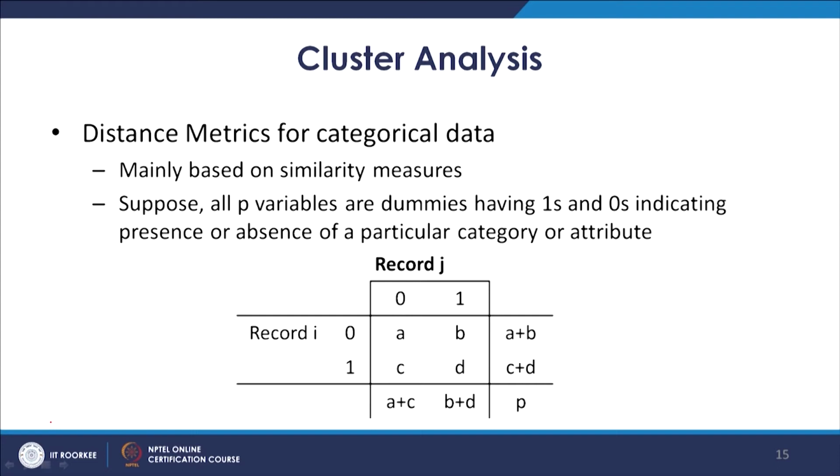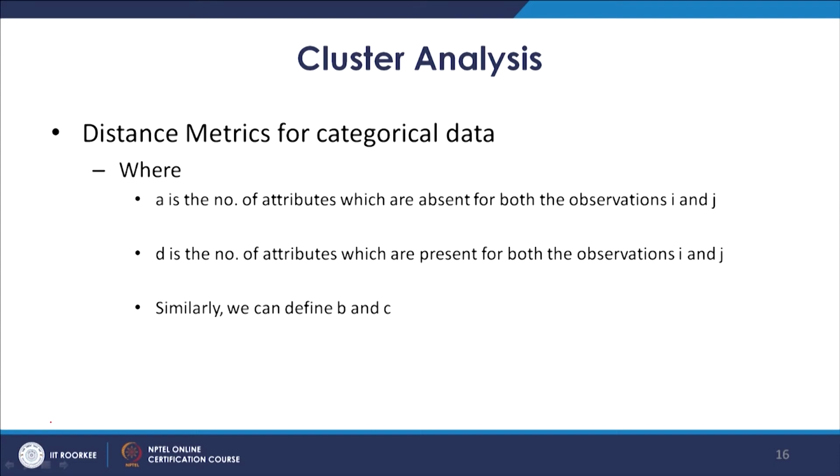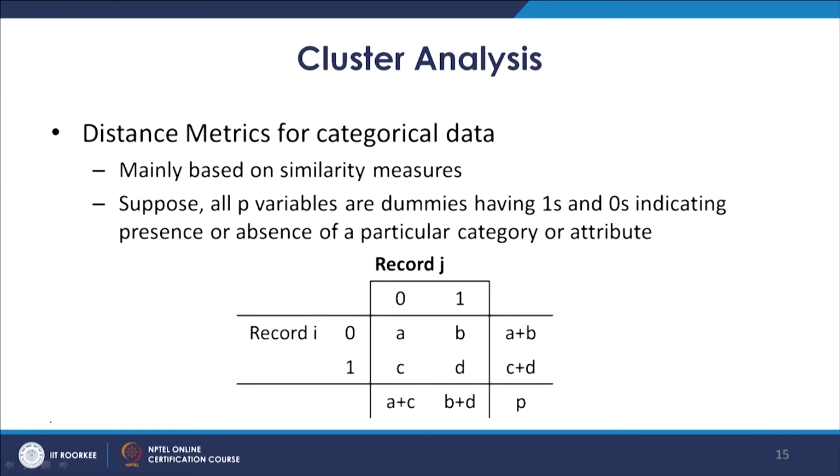This a is indicating the number of attributes which are absent for both the observations i and j, with 0 denoting the absence and 1 denoting the presence.